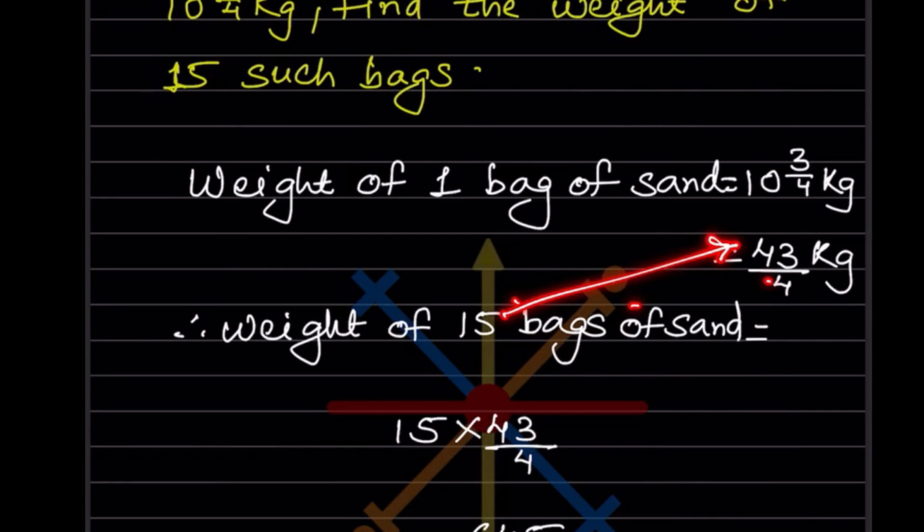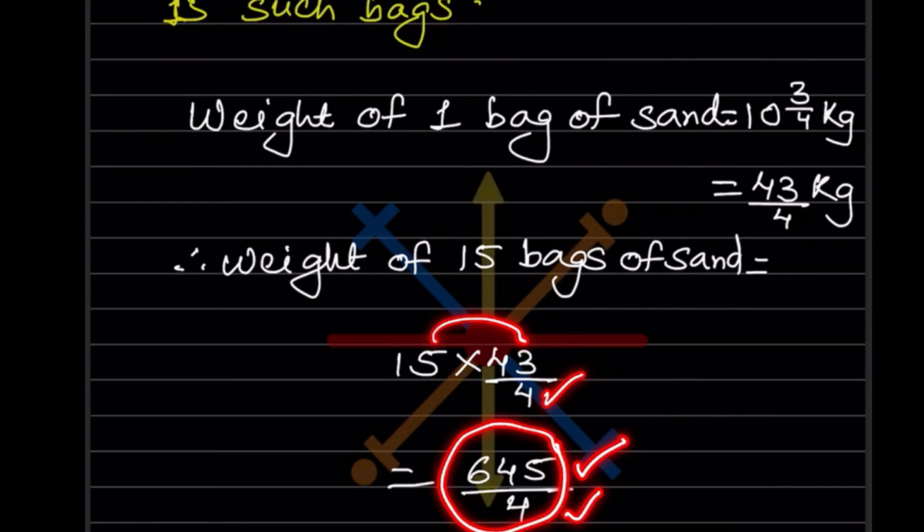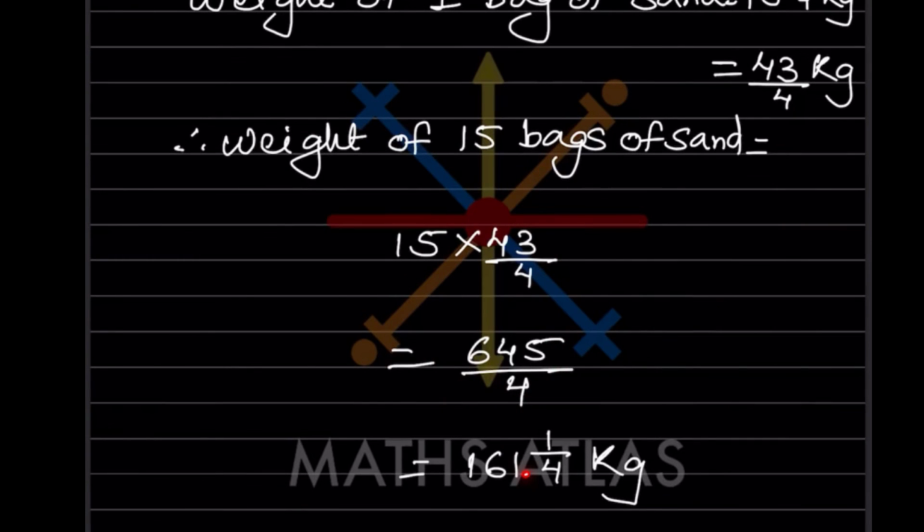So 15 into 43 by 4, and this is 1. So when you multiply this into this, that is going to be 645, divided by 4. When you simplify this one, 645 divided by 4 is going to be 161 1 by 4 kilogram.